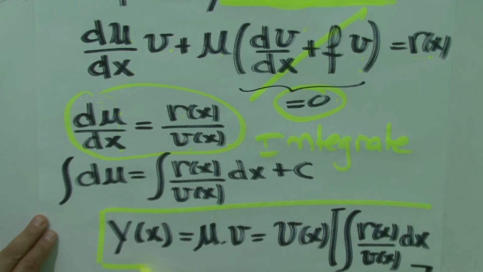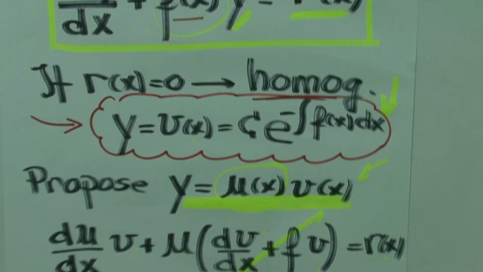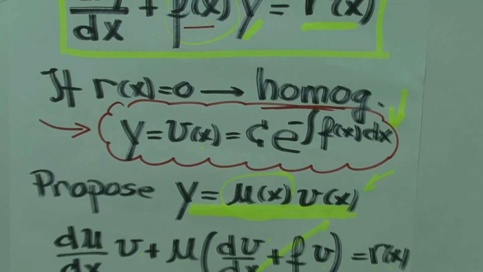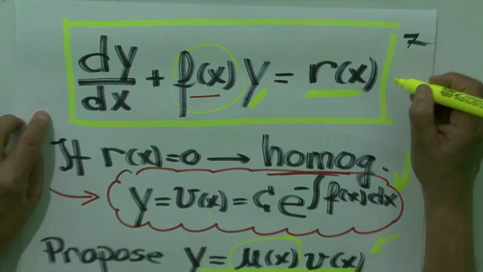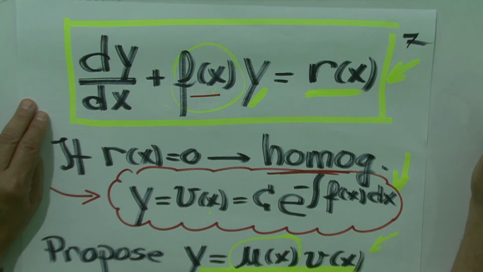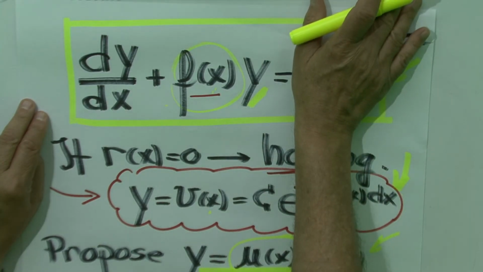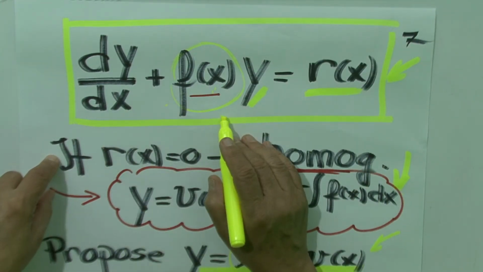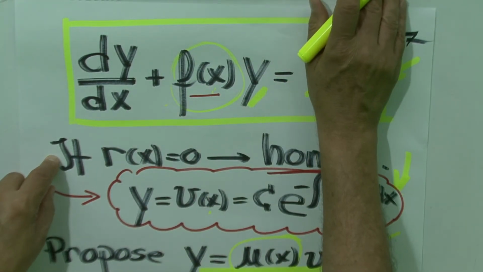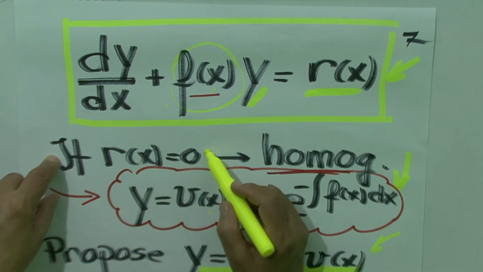This is a very interesting method to solve the equation, and you can apply it in many exercises. Let me repeat to you. I have a first order equation that's like this. But I imagine that this is 0 for a moment. So if this was a homogeneous equation, it has 0 here, right?